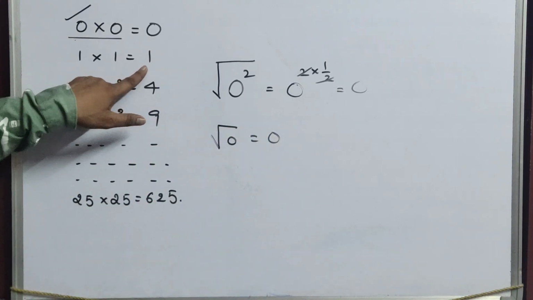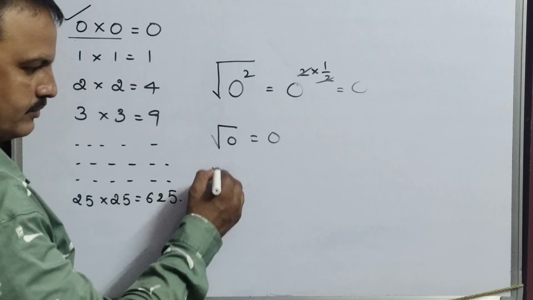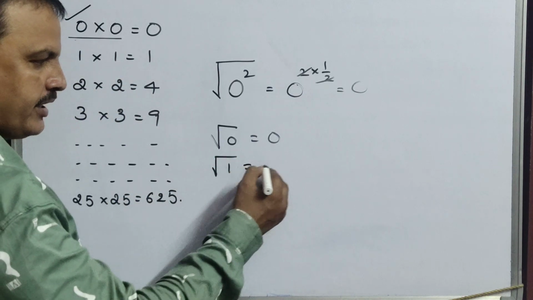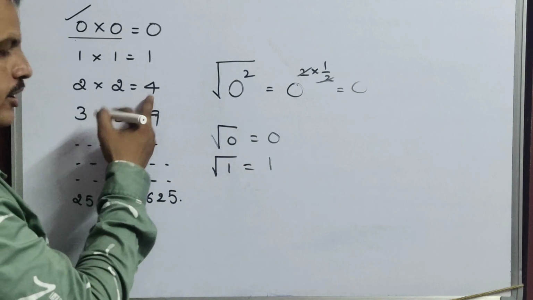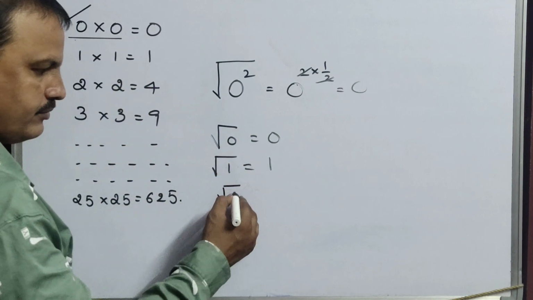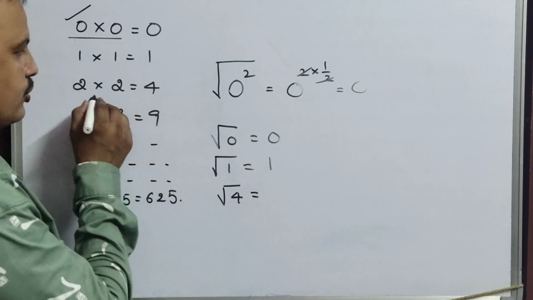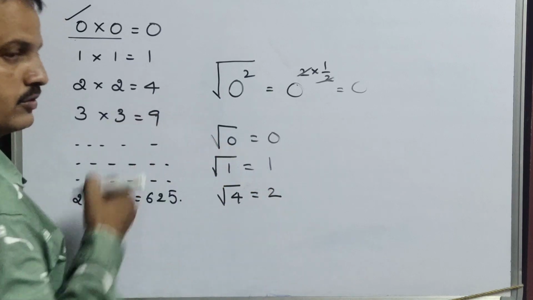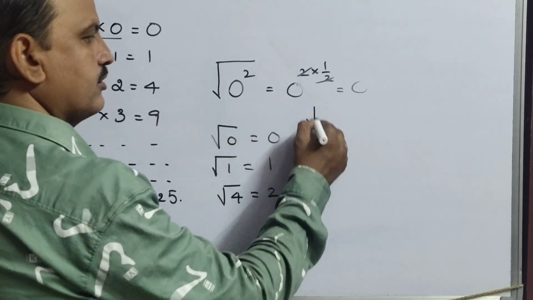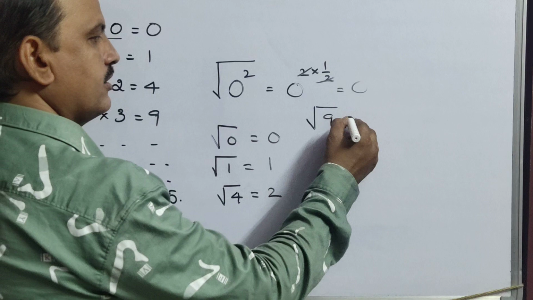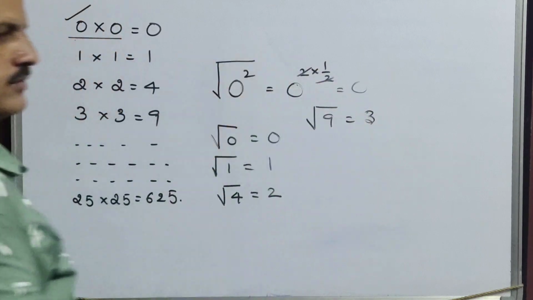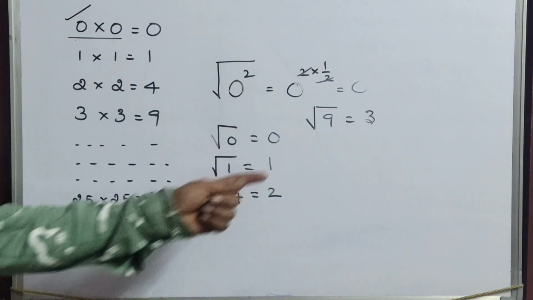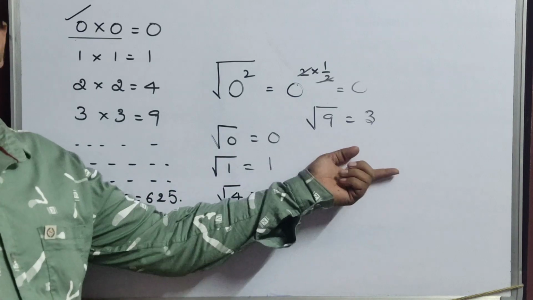Similarly, square root of 1 is 1. Square root of 4 is 2. Square root of 9 is 3. Square root of 16, 4.